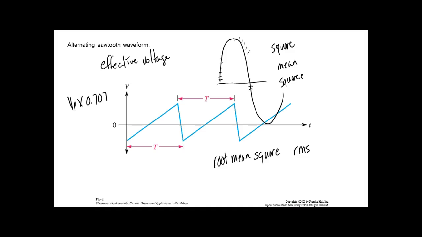It will always equal that if it's a sine wave. So most of your digital meters, your cheaper meters, they use this value right here. They use 0.707. So as long as you're measuring sine waves, these meters right here are perfectly accurate.